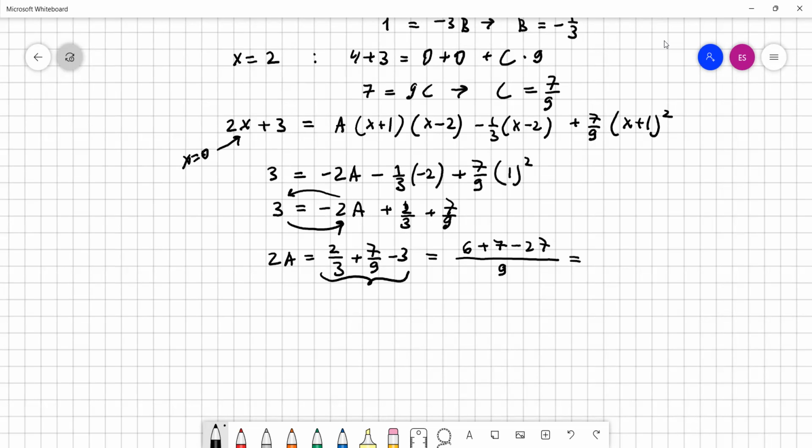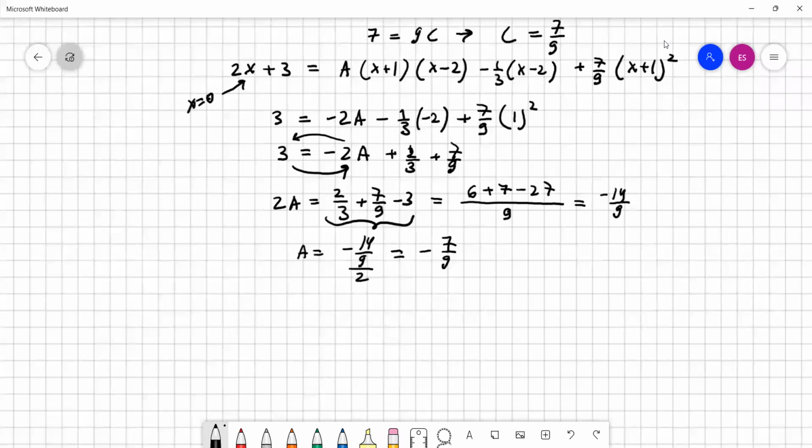So I'm going to get the final expression: 6 plus 7 minus 27 is minus 14 over 9. Yeah, the number does not look very good, but that's okay. So I'm going to just get my a, because I have 2a here, I'm going to divide by 2. Minus 14 over 9 divided by 2 is going to give me minus 7 over 9, right? We remember that division by 2 is multiplication by 1 over 2.